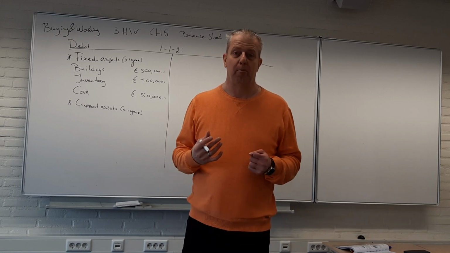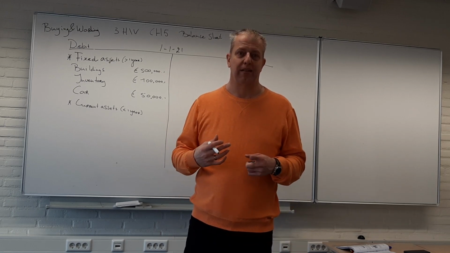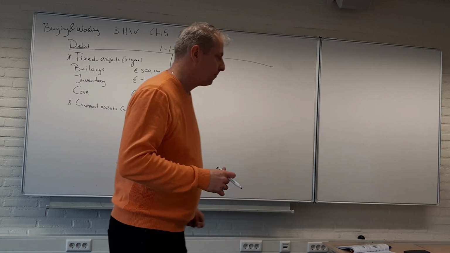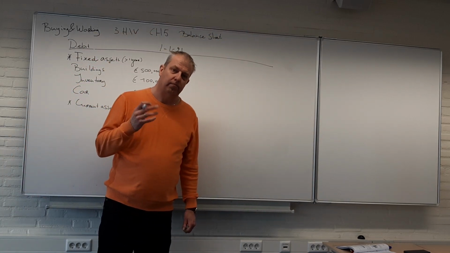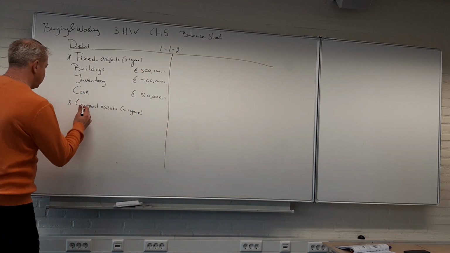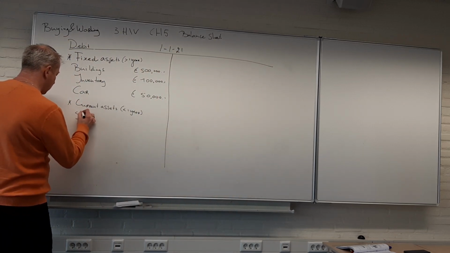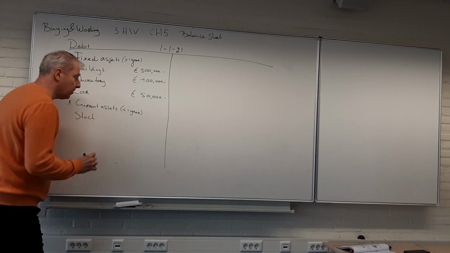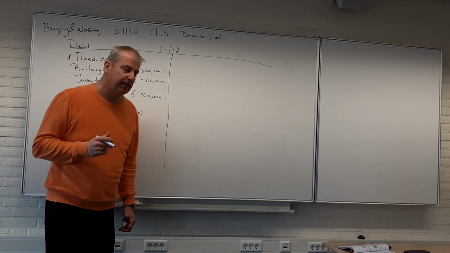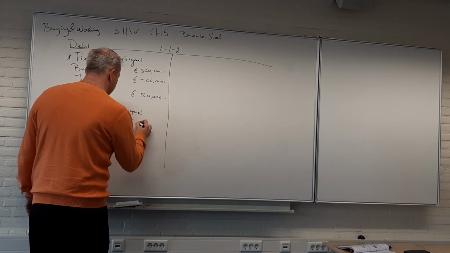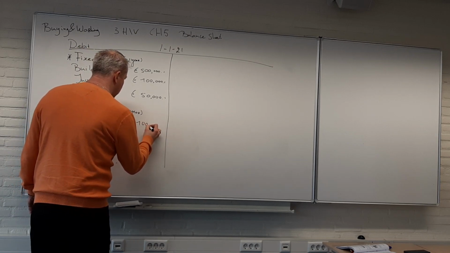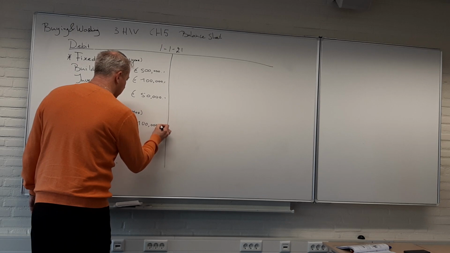So, for example, the stock, the things that you sell. By the way, this is our school bell, so now you know. So, stock. The Dutch word for stock is voorraad. So, suppose you have 100,000 euros worth of stock.